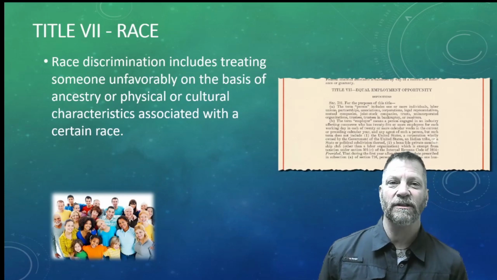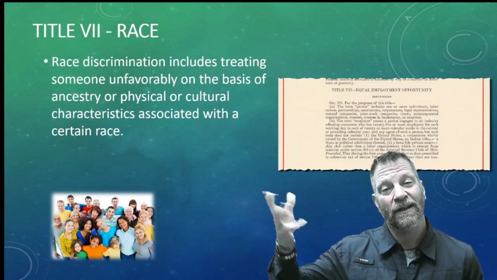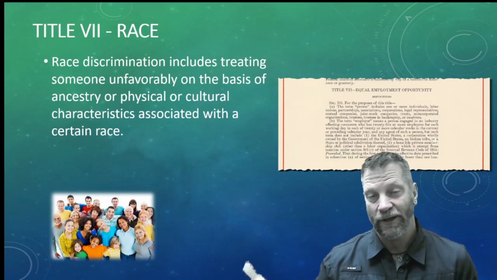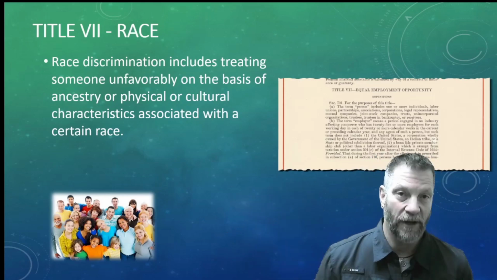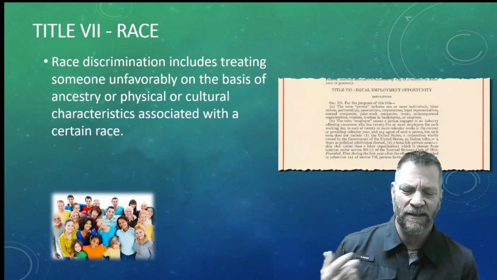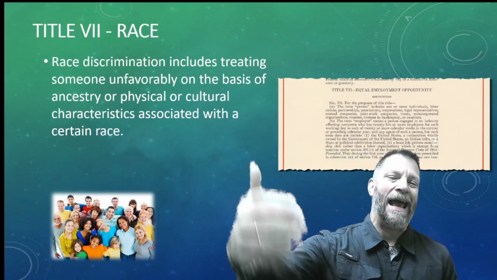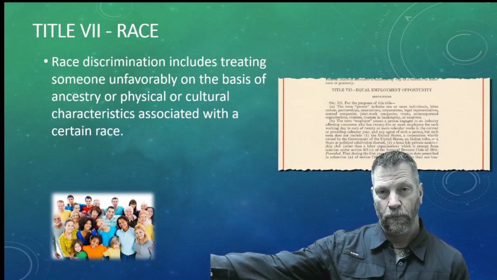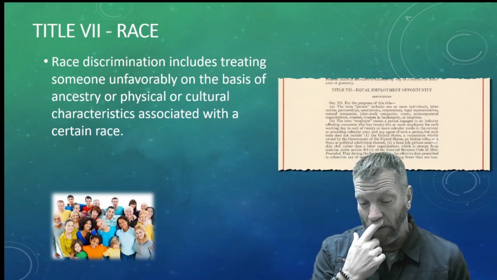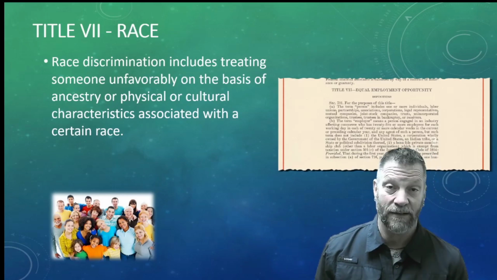It's discrimination that includes treating someone unfavorably on the basis of something that identifies them as a particular race, whether it's the shape of their eyes, the texture of their hair, the size and width of their nose, these different things that people can look at you and classify you as a particular race. Make sense? Okay, I'm not going to define race because there are probably 100 different definitions of race out there.